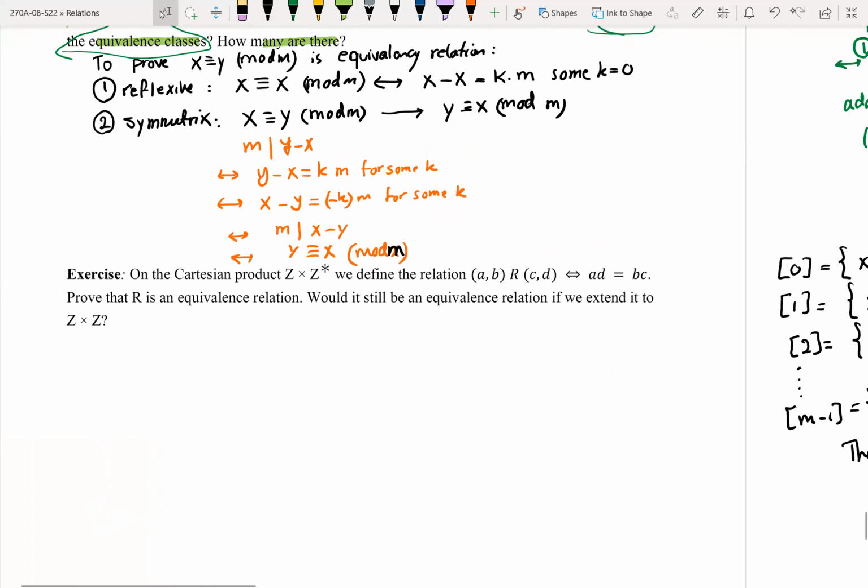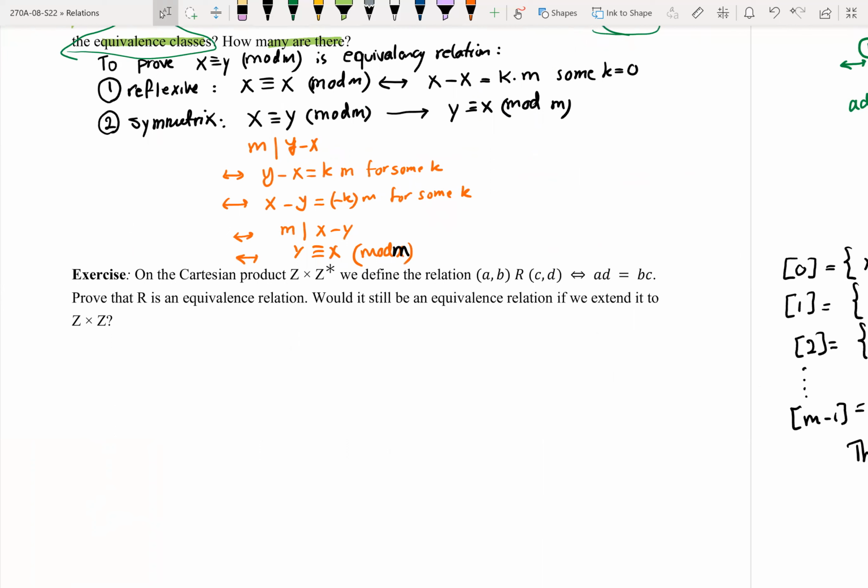This is more interesting. The next example is more interesting because it's a weird relation. It's not a usual relation. Can you think about what's going on? Your relation is from the integers to the non-zero integers, and it is defined for two of them.